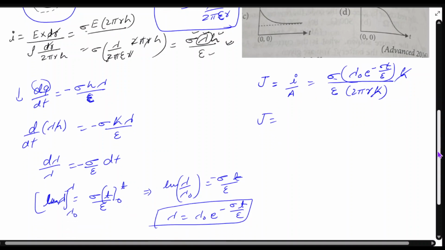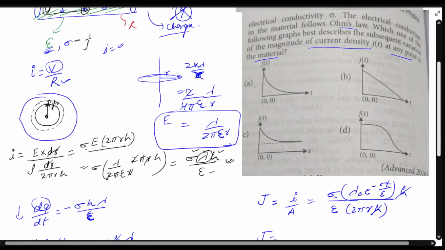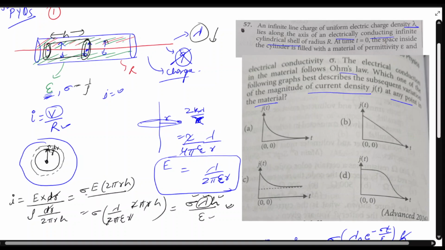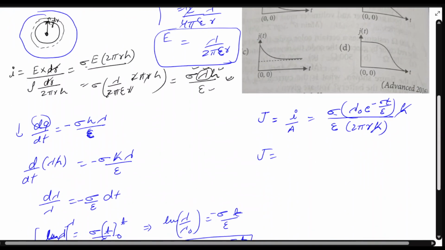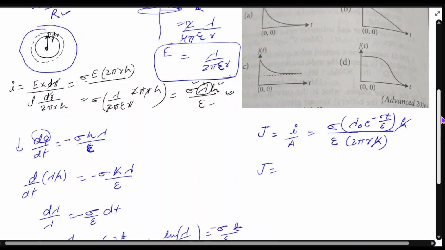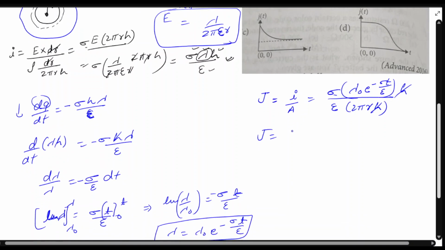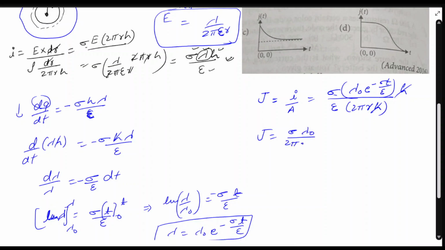So yes, we're doing it correctly, right? So j will be sigma lambda naught upon 2 pi r epsilon e to the power minus sigma t upon epsilon.